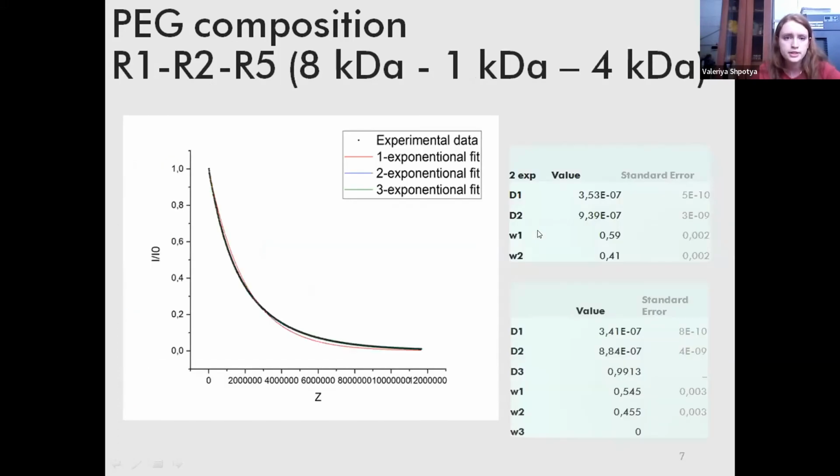So in all previous cases, approximation by 2 or 3 exponents was better than the non-exponential fit, and this confirms that our method is quite sensitive to differentiate systems with contaminants from pure systems.